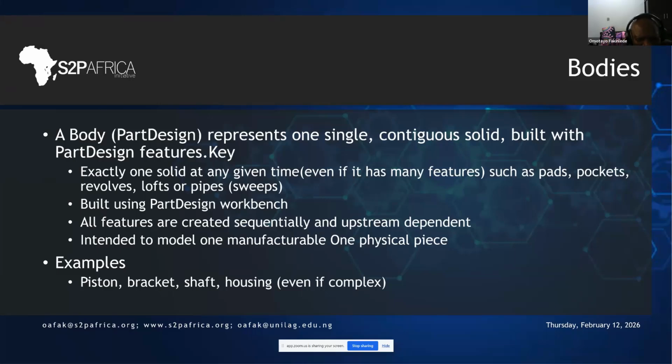All features are created sequentially and upstream dependent. The final solid in a body is called the tip solid. Let us say you have a sketch and you do a padding. As soon as you finish, that padding becomes the tip solid.